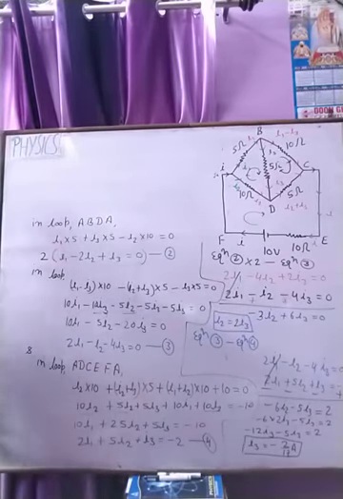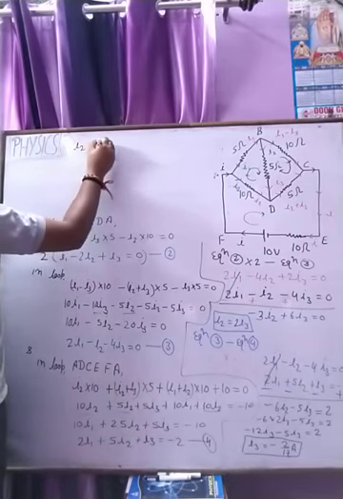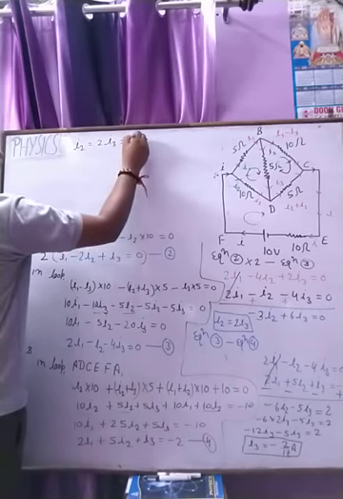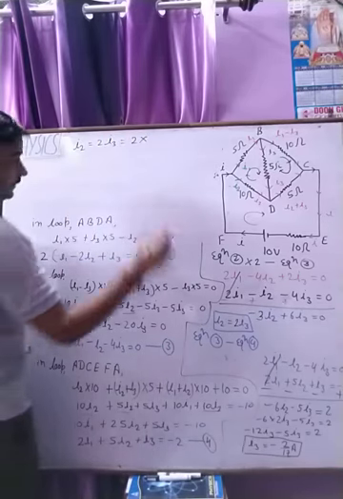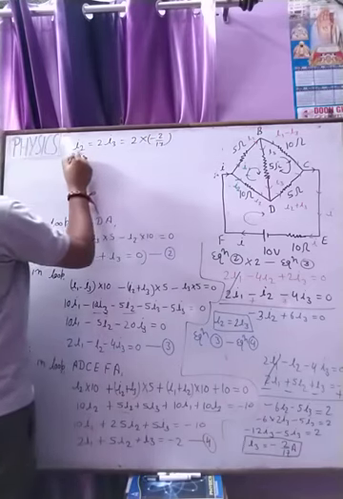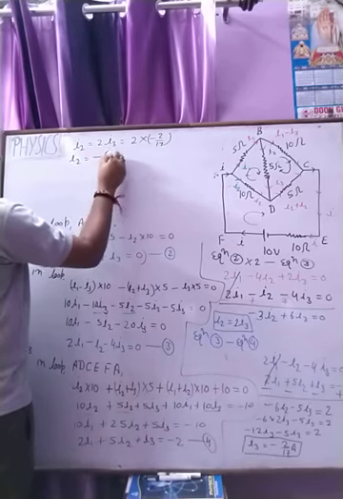Okay, now i2 equal to 2i3, and we have 2 into i3 is minus 2 by 17. On solving, we get i2 equal to minus 6 by 17 ampere.